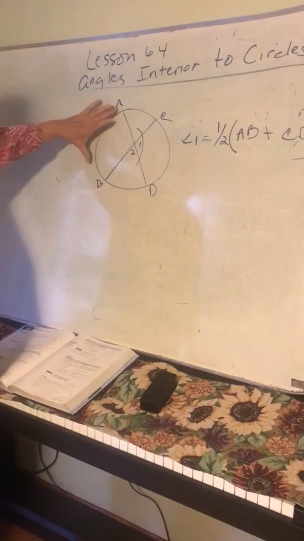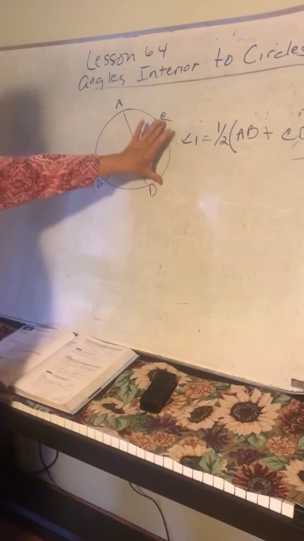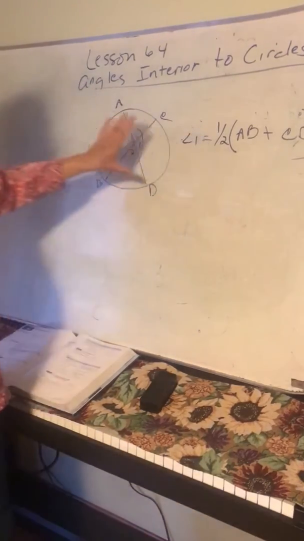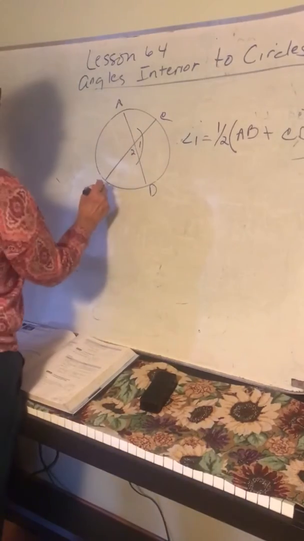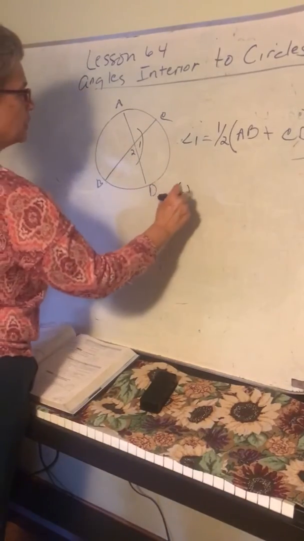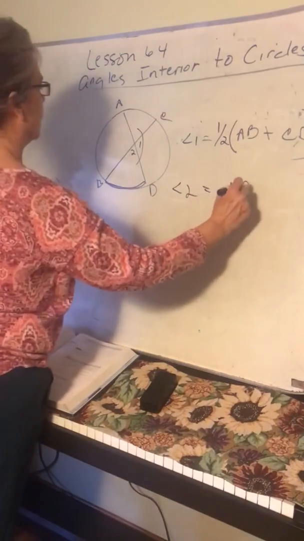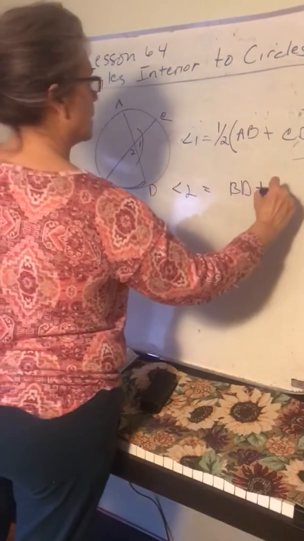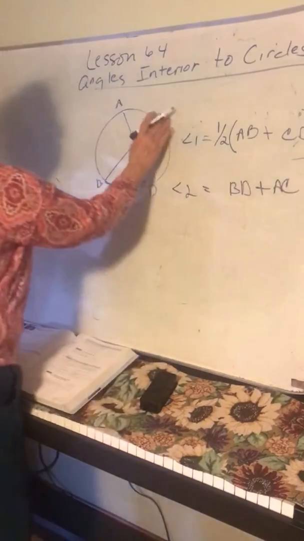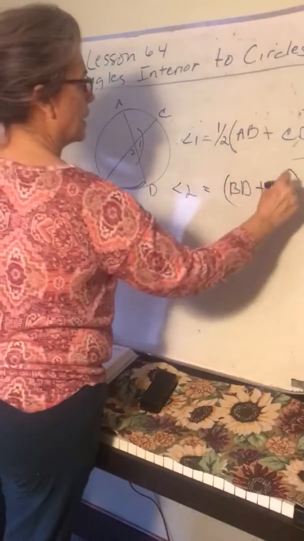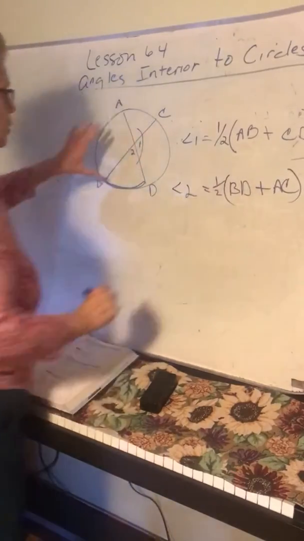So you take the arcs on each side of angle 1, and then you take 1/2 of that measurement. For angle 2, you're going to use BD plus AC, and then 1/2 of it for the measure of that one.